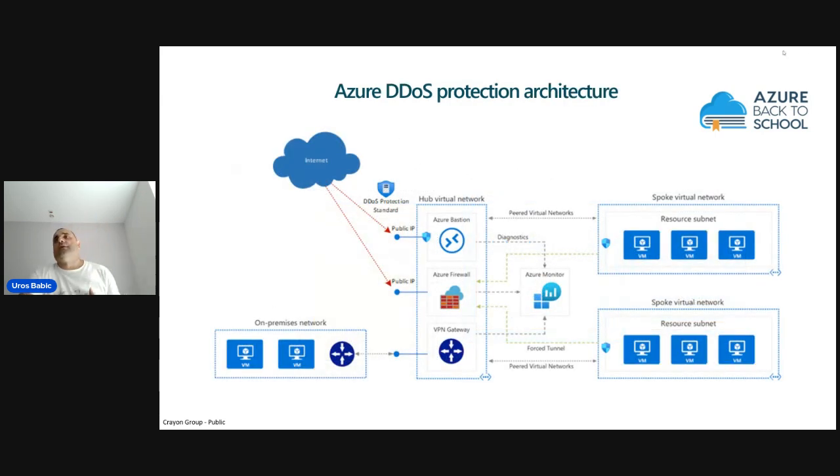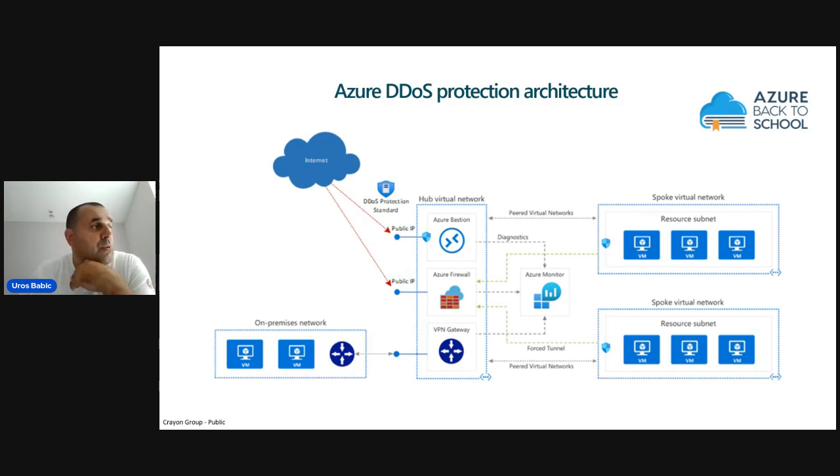but the basic Azure DDoS protection architecture is explained from the point of view of hub-and-spoke technology, with a standard DDoS protection plan and the public IP address I have in my hub virtual network, Azure Bastion or Azure Firewall or VPN gateway, connected from my on-premises network, for example. I peer the virtual network between hub and spoke with diagnostics and Azure Monitor.